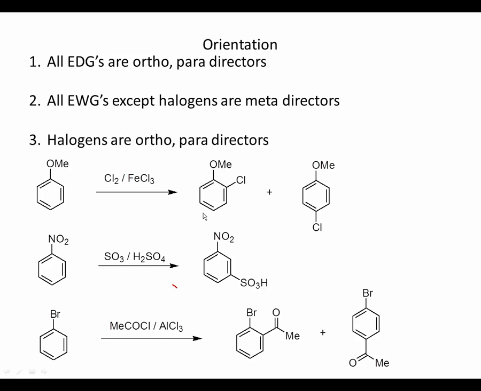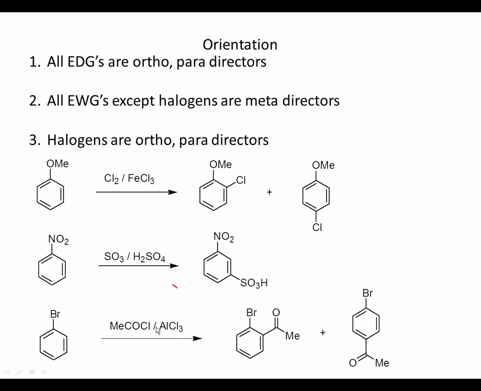Okay, this deactivated ring here contains the electron withdrawing group nitro, and an attempt to sulfonate this ring would result in almost exclusively the meta sulfonic acid, as shown here. The halogenated benzene ring, shown here, undergoes electrophilic aromatic substitution primarily at the ortho and para positions.